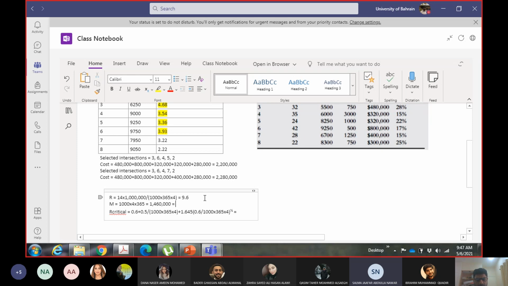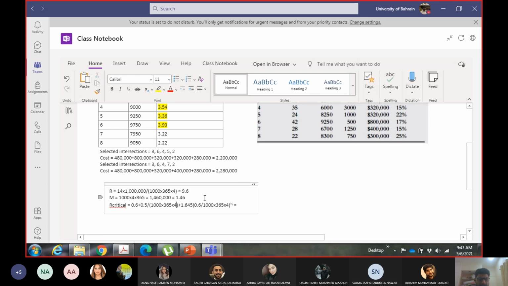So you have to put it in millions, so we will put it as 1.46. Million entering vehicles. Now tell me the value. 2. Yes, 2 crashes per million entering vehicles.